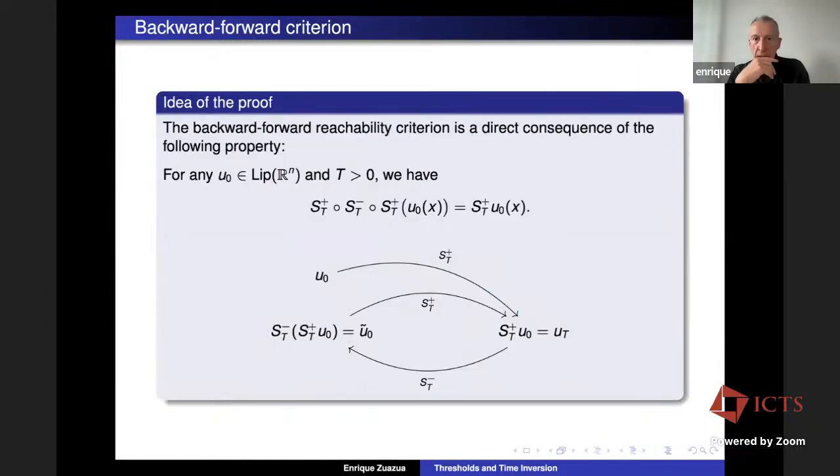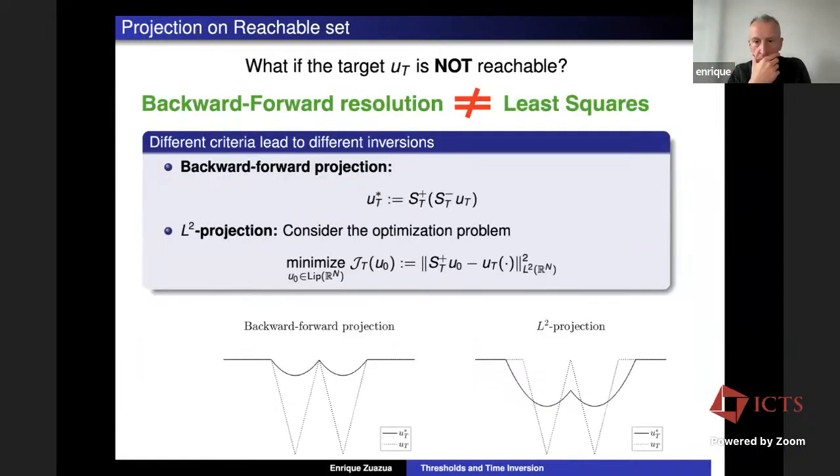Okay? And then, well, the idea of the proof is precisely to realize that, whenever in this commutation of backward and forward there is something left, it is because you are getting away from the space of reachable targets.